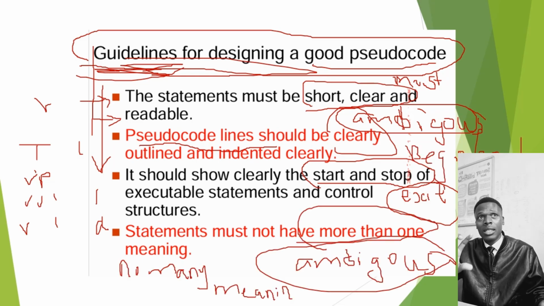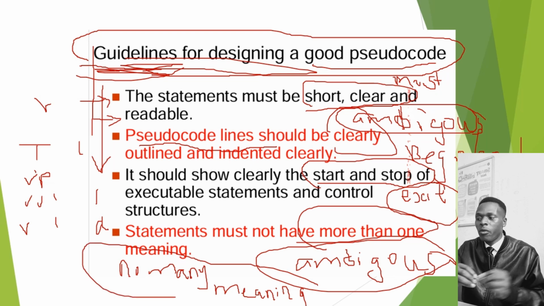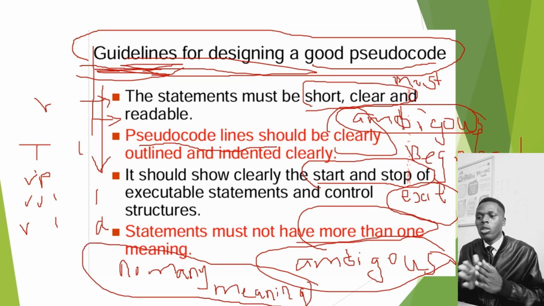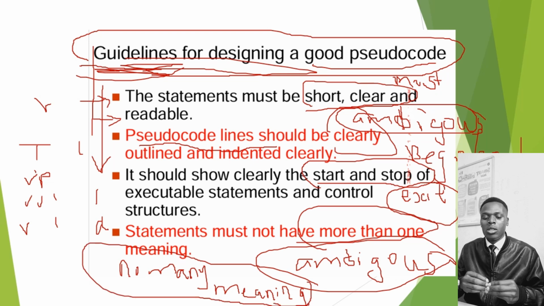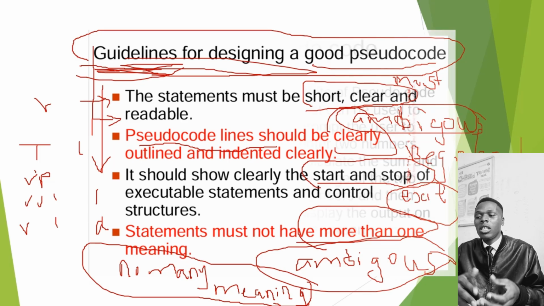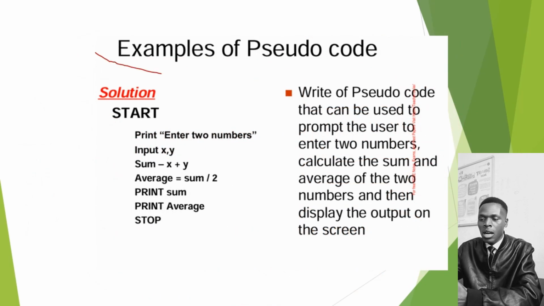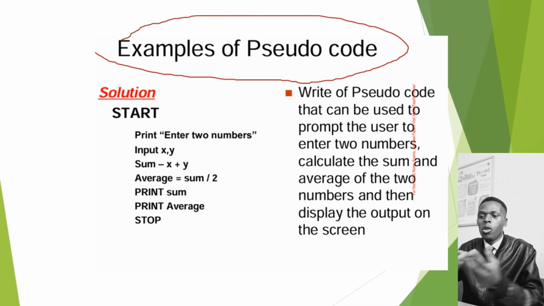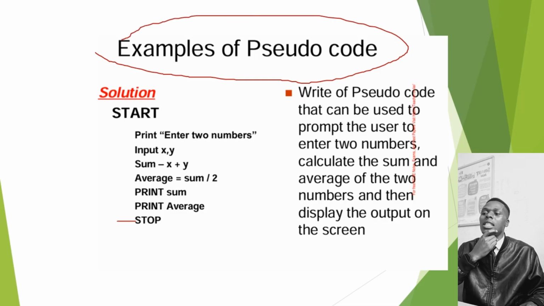Ambiguity: you find there's a term that refers to multiple things, so statements should be direct and understood. I should not be calling the person who has written that flowchart or pseudocode to guide me on the meanings. Start and stop should be in one line, because from here to here is one block.